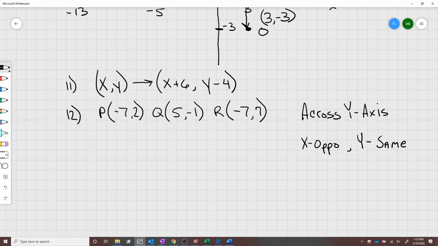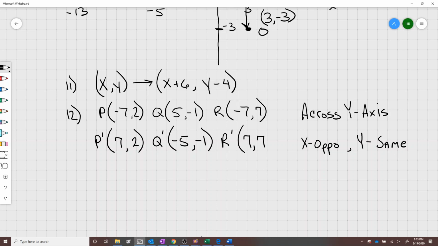So our P prime: x goes to 7, y stays +2. Our Q prime: 5 becomes -5, y stays the same. R prime: x becomes +7, y stays the same. Those are the vertices after a reflection across the y-axis.